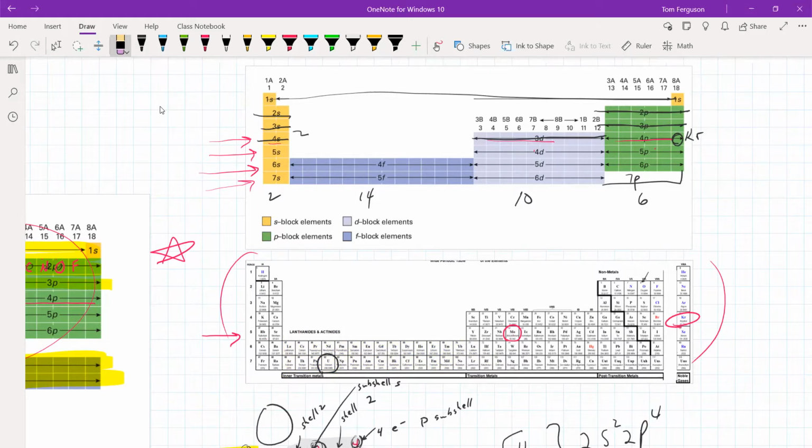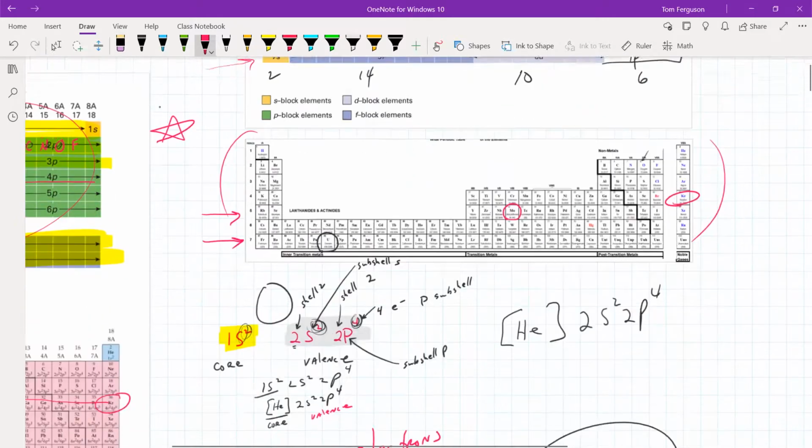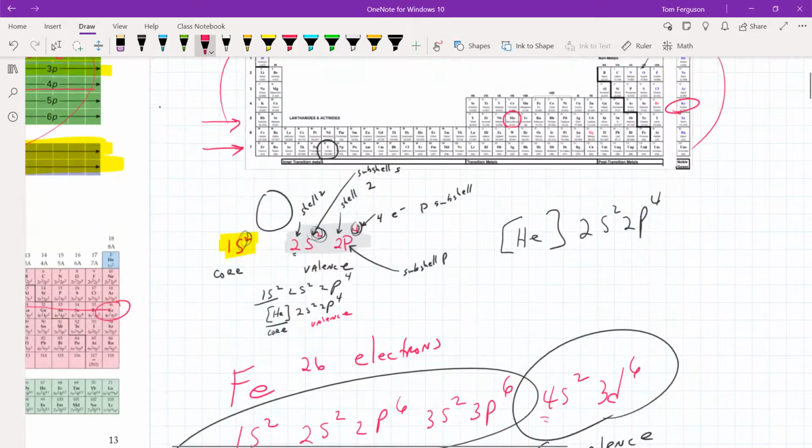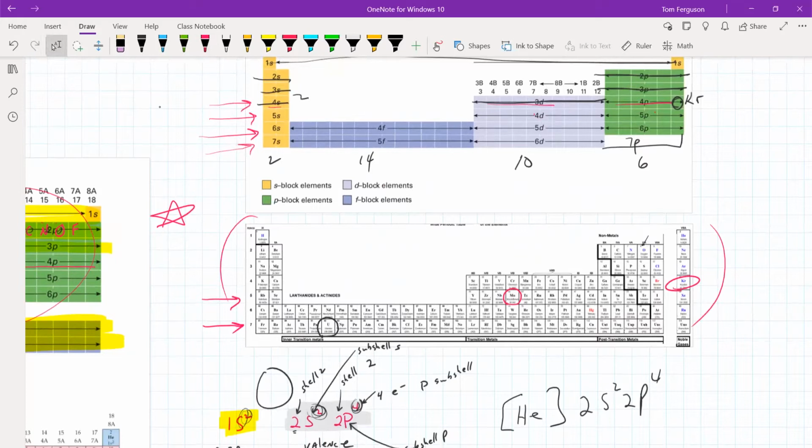It's also in shell 7. We're first going to do it the shorthand way, so we go up one and all the way over.